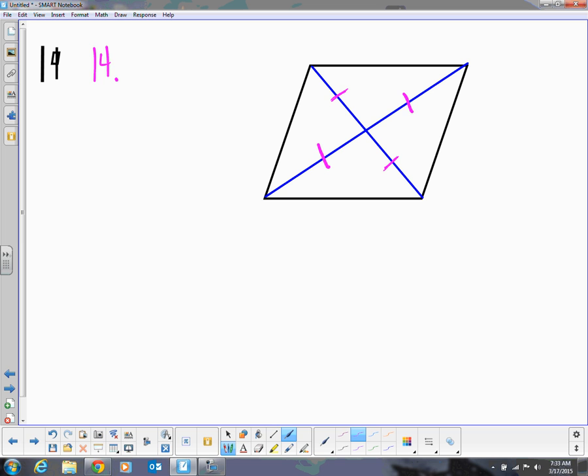It's equal, right? They also told us that this is 90 degrees. What is this figure? It is a rhombus. Is it anything else? It is a rectangle. Why is it a rectangle?